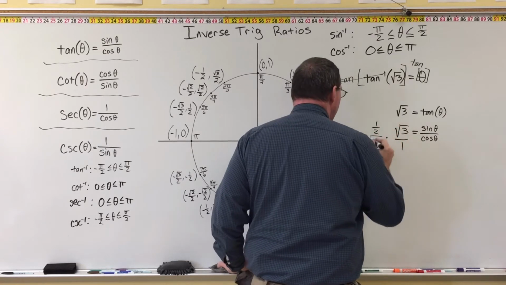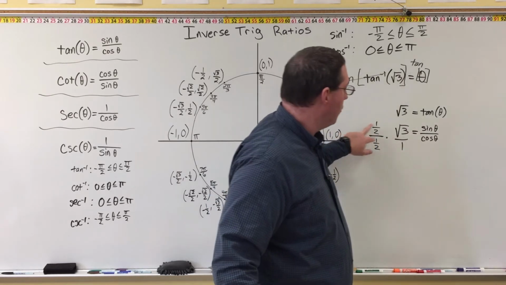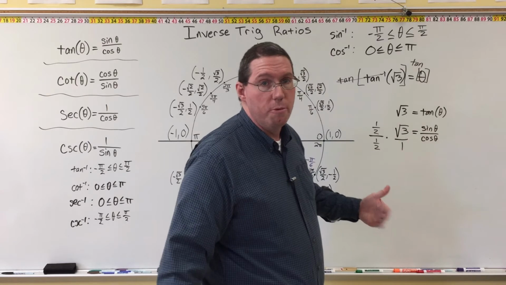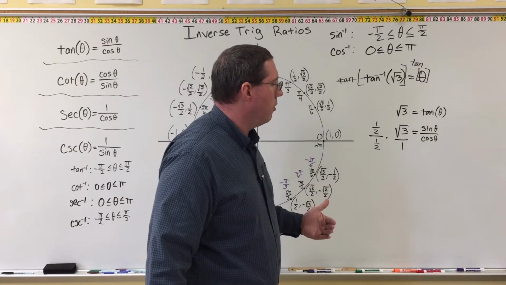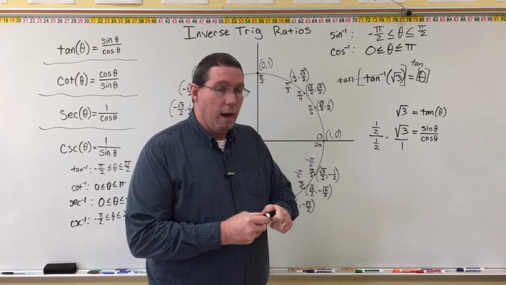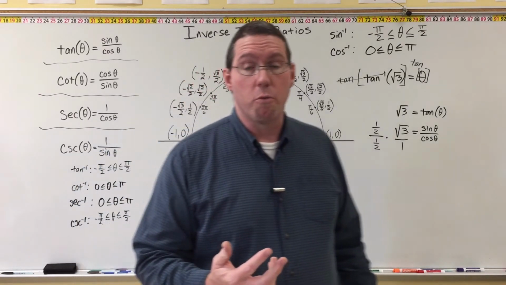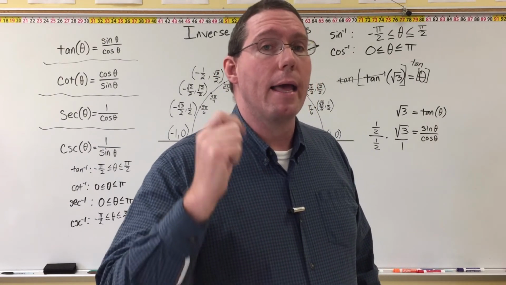Now, multiplying by 1 half over 1 half, this is something we do not have to do on both sides of the equation. You may be asking, yeah, but the rule of algebra is whatever you do to one side, you have to do to the other side. Except there's another rule of algebra, and I don't know how familiar you are with this rule, is that you can always multiply by 1.